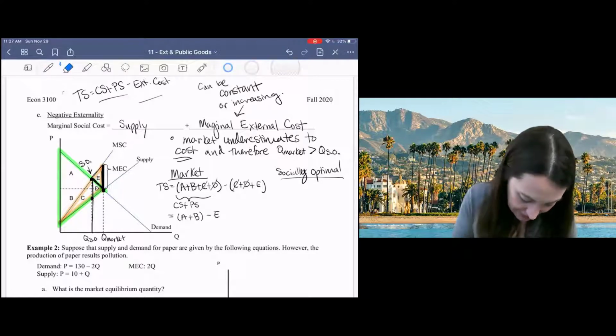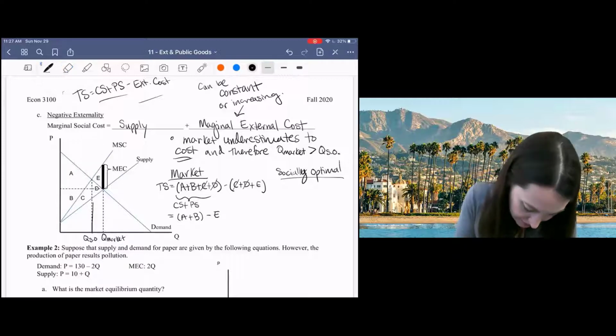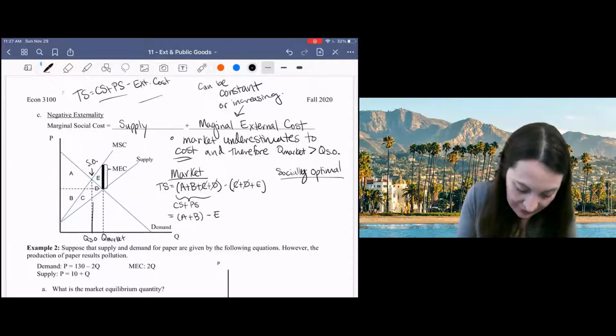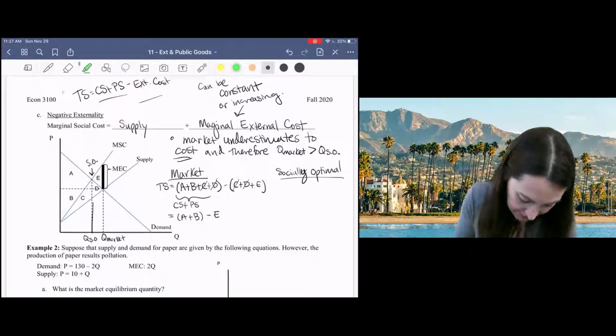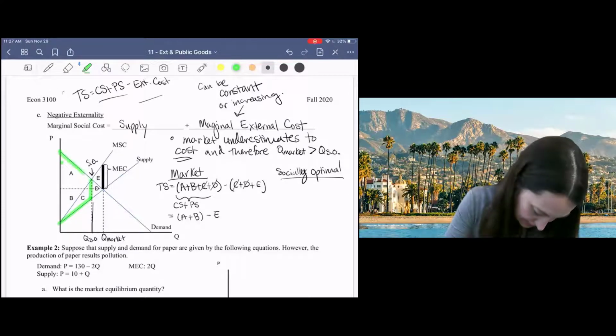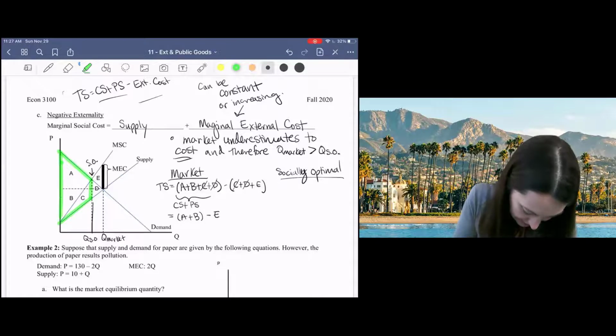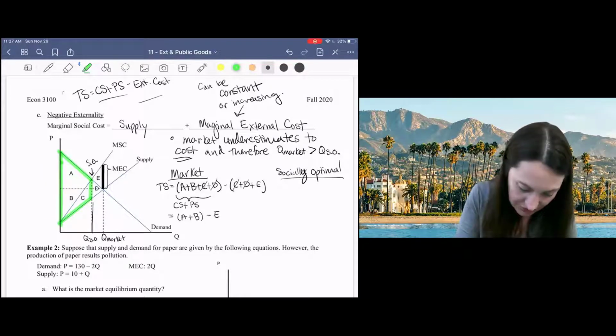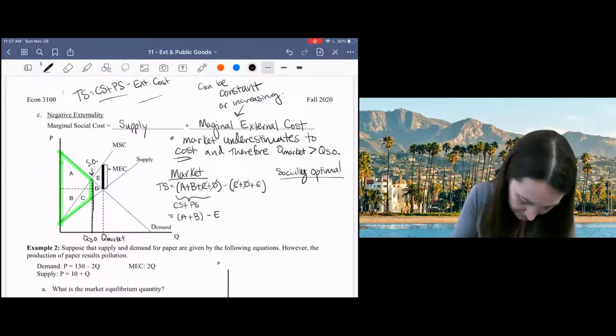Now I'm going to erase, and we'll do total surplus at the socially optimal point. So at the socially optimal point, let's see, my consumer and producer surplus. This area between supply and demand out to the socially optimal quantity.